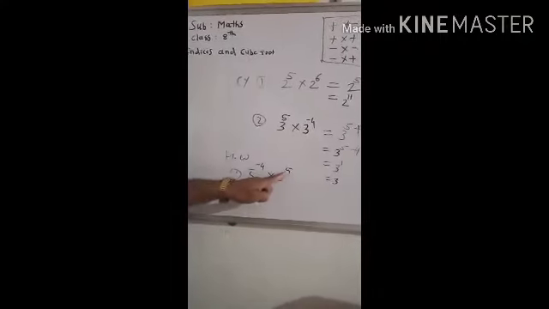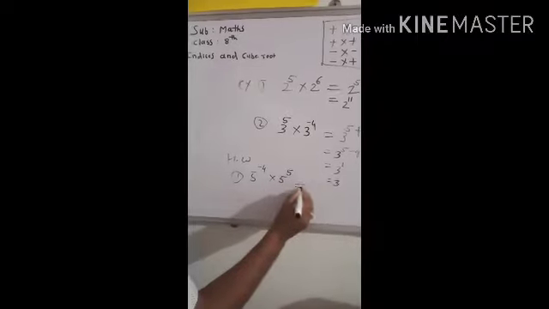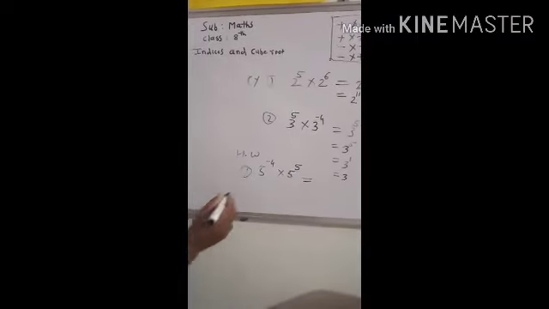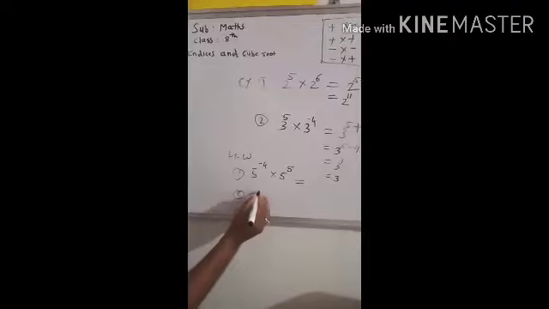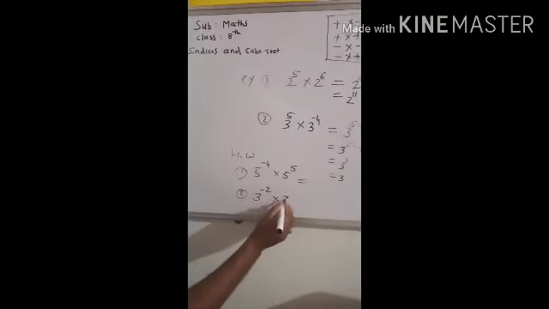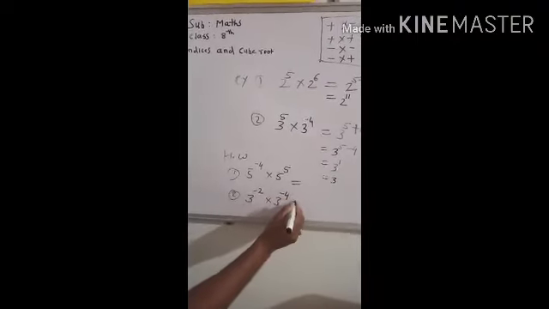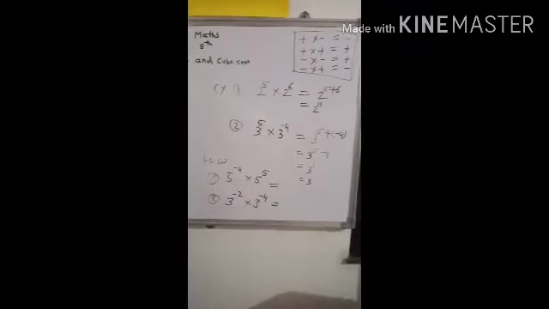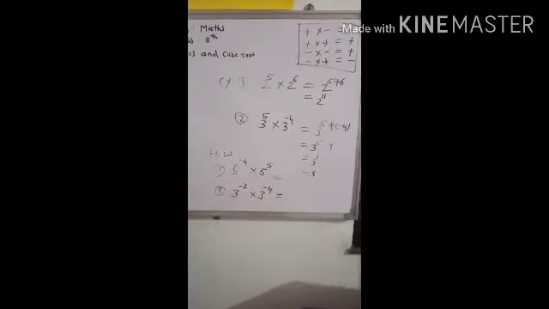How will you get the answer? Second example, 3 to the power minus 2 into 3 to the power minus 4. You have to solve these 2 examples and I will see tomorrow. Best of luck. Thank you.